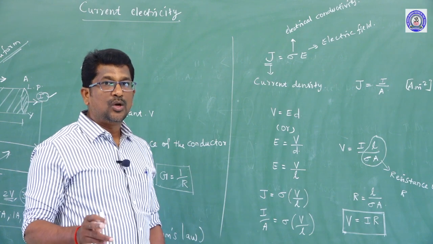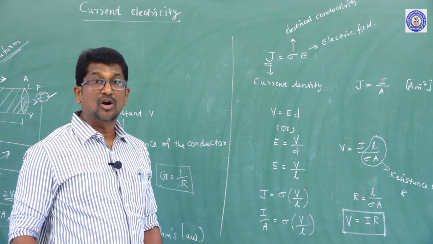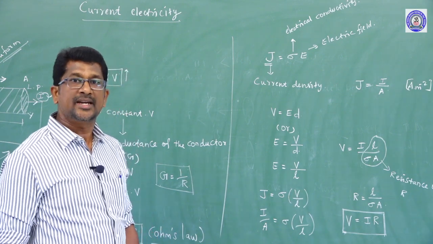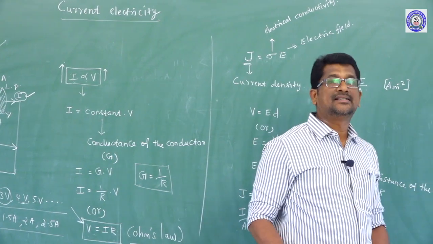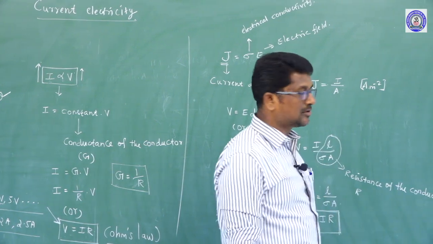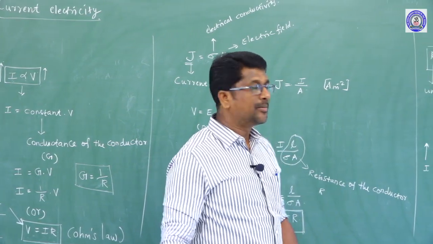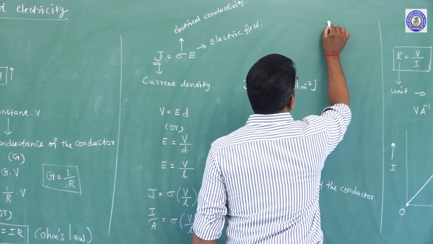But the materials which do not obey Ohm's law are called non-ohmic materials. For example, all the electronic devices are non-ohmic materials. For example, a diode.